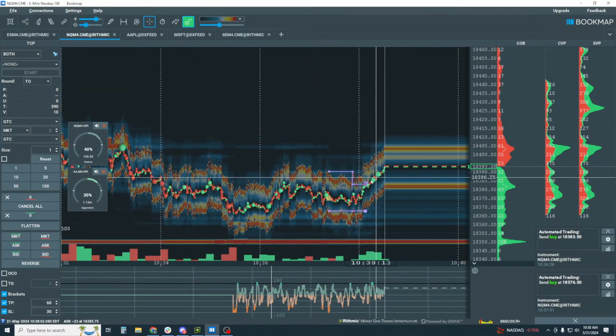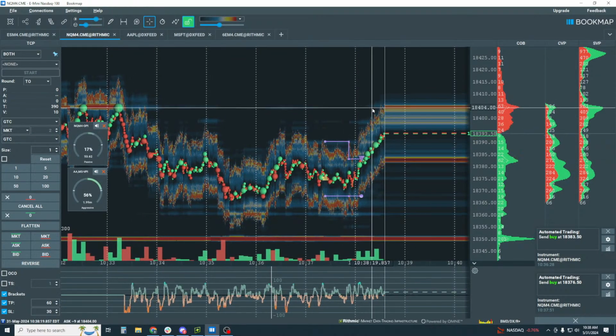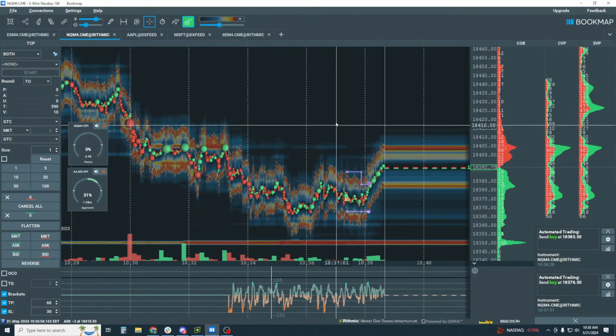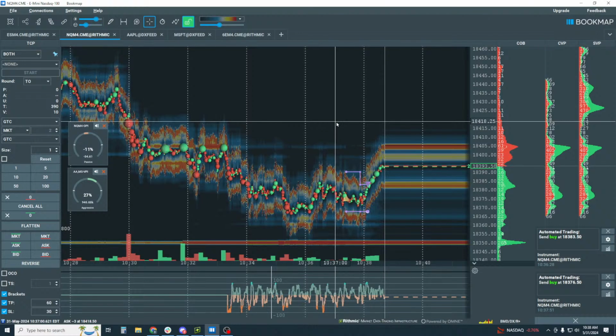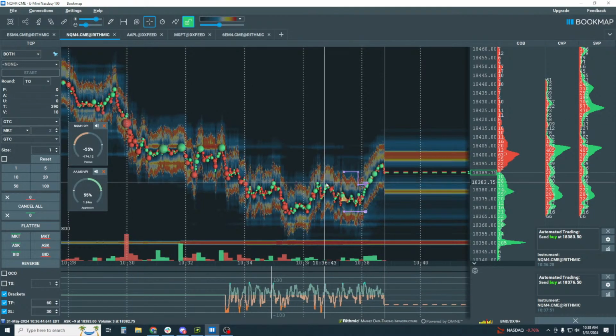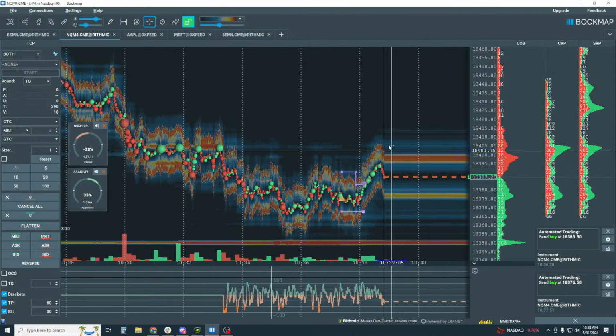I would have loved to have had multi lots on, take some off, have my runner looking for this 18,400 to transact. But at this point the conservative approach is just the top of the range, and then look for the next one.